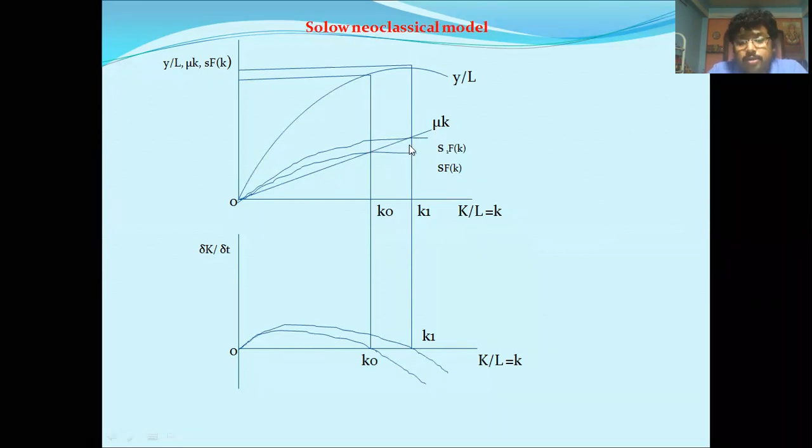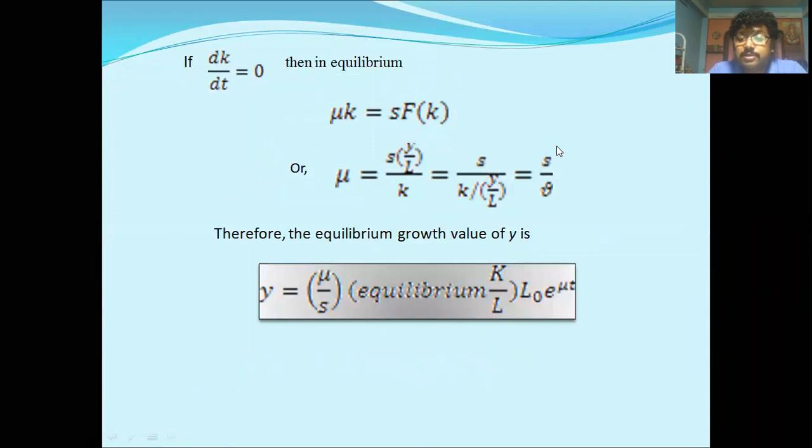In the long run, it will come back to this point where dk by dt equals 0, so it's the constant capital labor ratio. This is the result of the increase of the savings ratio on economic growth.